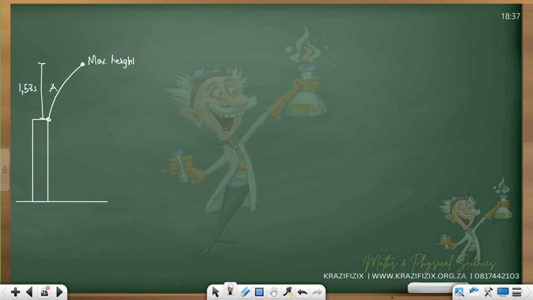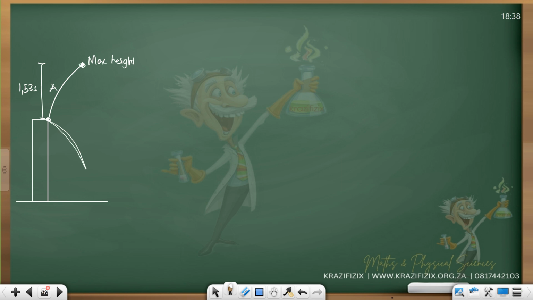These objects were dispatched at the same time because the question says at the same what? Instant. So someone threw ball A up and at the same time someone dropped what? Ball B. At the same what? Time. It means ball B is also traveling. But the question says when A is at the maximum height.